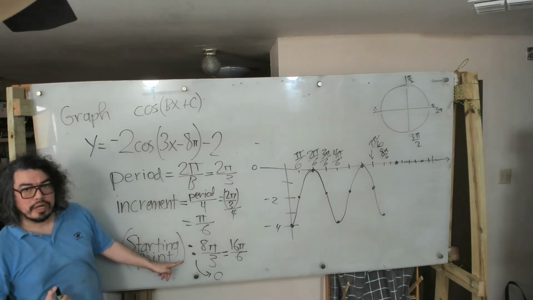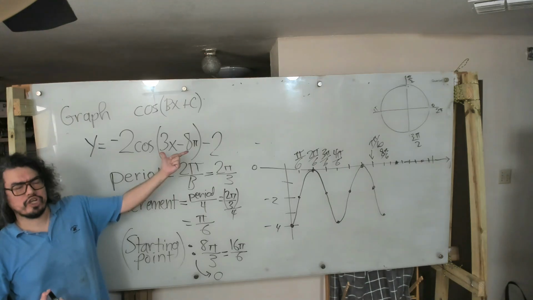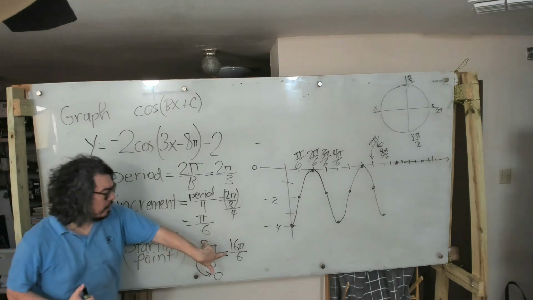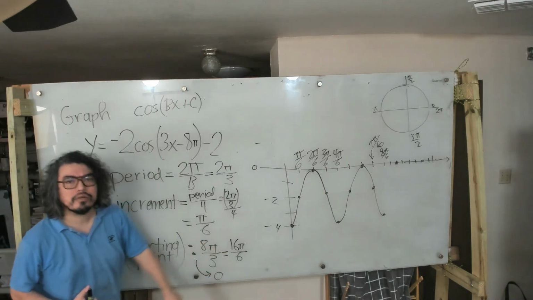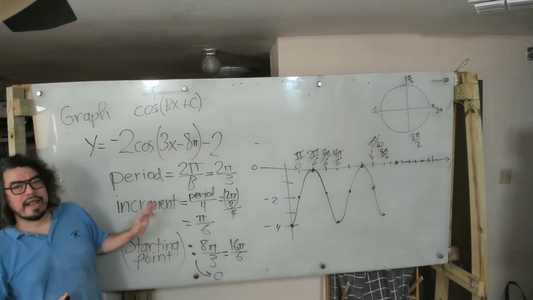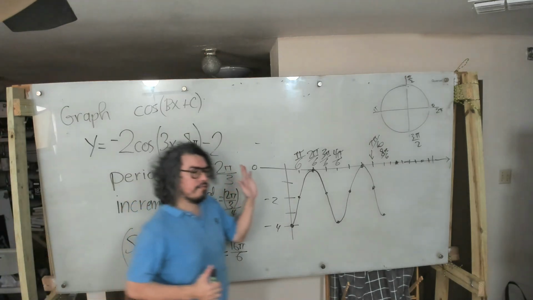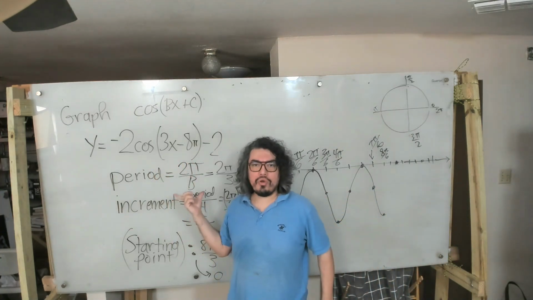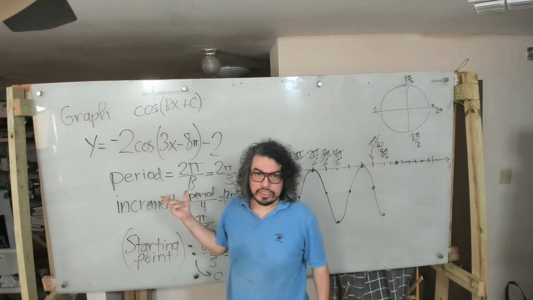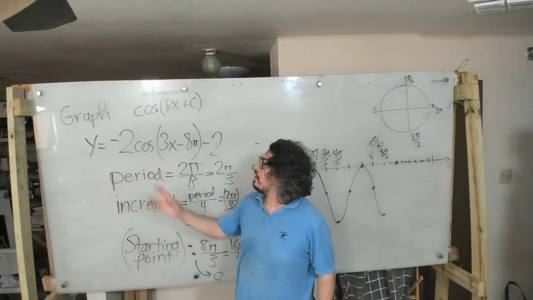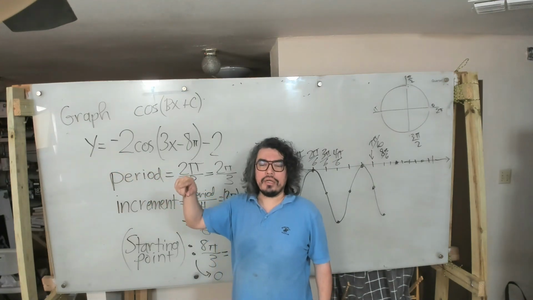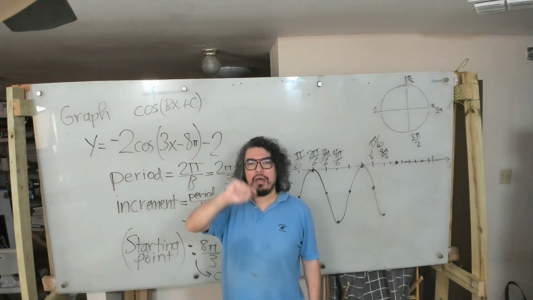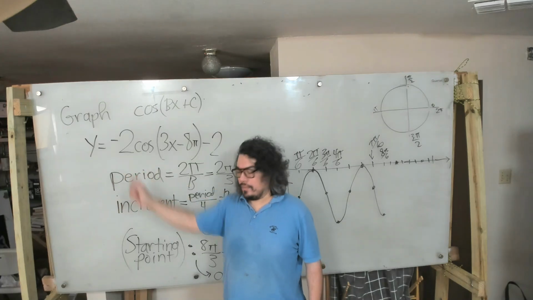We then found our starting point by setting the inside of our trigonometric function equal to 0. We then made the increment and the starting point have the same denominator, so it would be easy to add them. And then we graphed the function, knowing that if we use that starting point and that increment, we will hit the landmarks of the parent, with the caveat that since it was negative here, instead of going down and up like this for the cosine, we would go down, up, down, because it's negative here, okay?